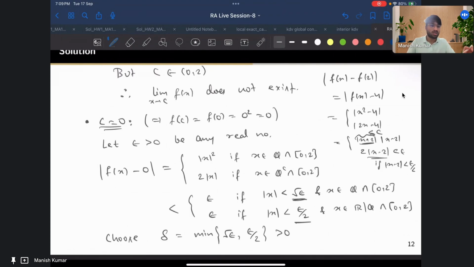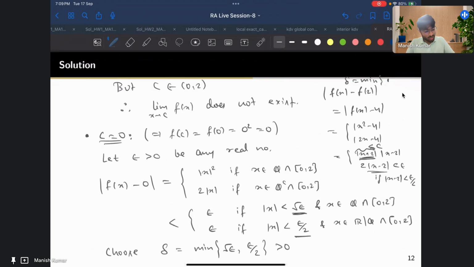You choose delta to be 1, let's say, then for mod x minus 2 less than delta you will get that this is bounded. Now you define delta to be the minimum of this 1, epsilon by c, whatever c you get, and epsilon by 2. Using this, you can say that for this delta my definition would be satisfied.